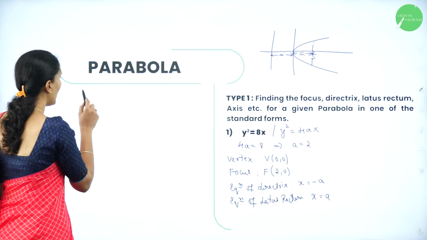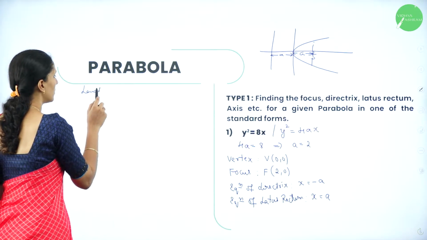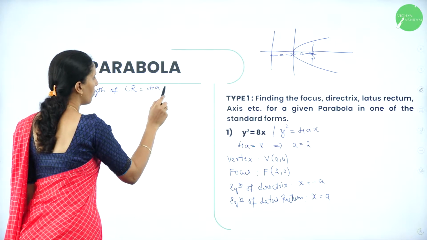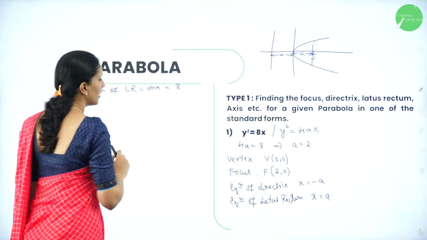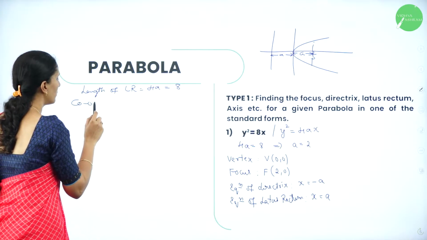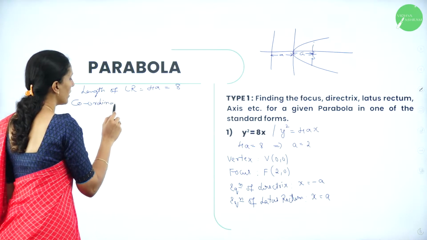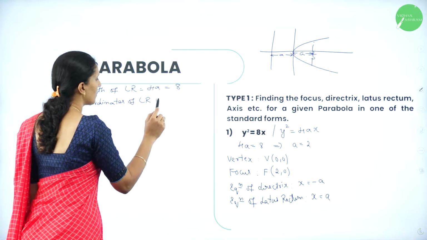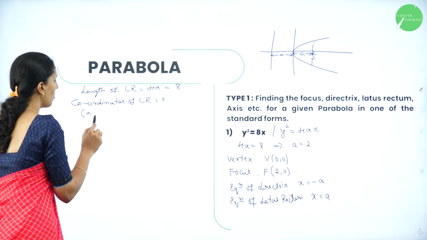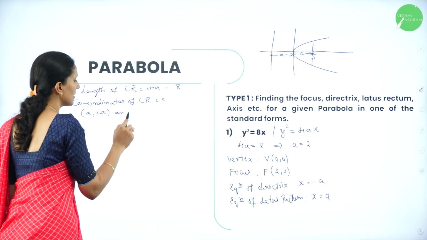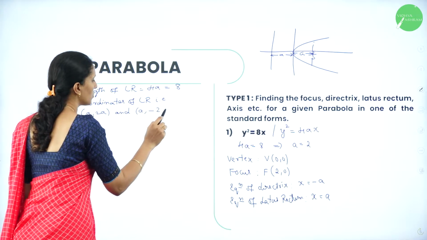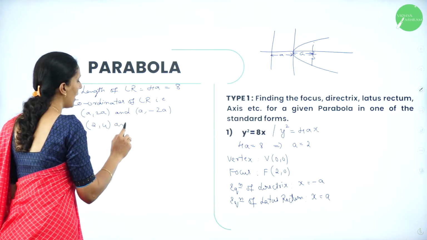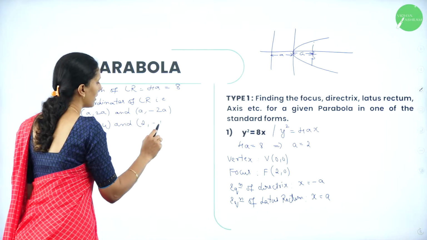Next, we'll write the length of latus rectum. Length of latus rectum is 4a. Here 4a is equal to 8. Next is the coordinates of latus rectum. One is a comma 2a and the other is a comma minus 2a. So this implies 2 comma 4 and 2 comma minus 4.